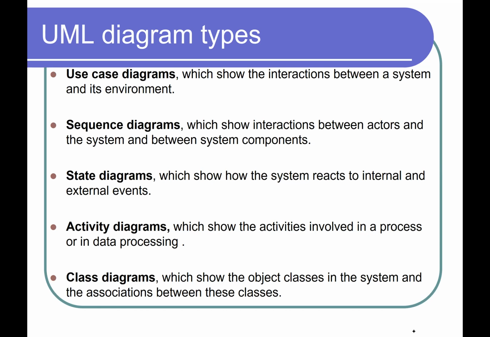Data flow diagrams, DFDs, are not a UML type of diagram. CFDs, control flow diagrams, are also not a type of UML diagram. ERDs, entity relationship diagrams, which tend to be quite common in database modeling, are also not part of UML, okay?